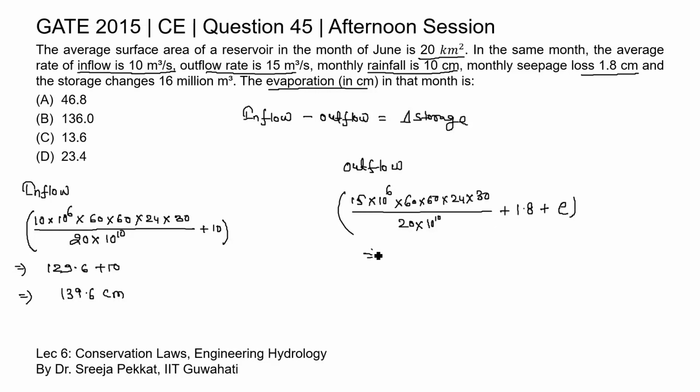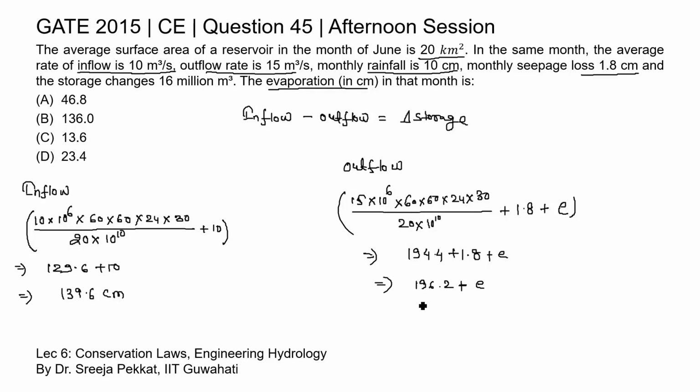If we solve this, it will be 194.4 plus 1.8 plus E, which is 196.2 plus E. From here we can observe the value of inflow as 139.6 and outflow as 196.2 plus E. Since there will be some evaporation, E will be a positive value, so this is obviously greater than 196.2.